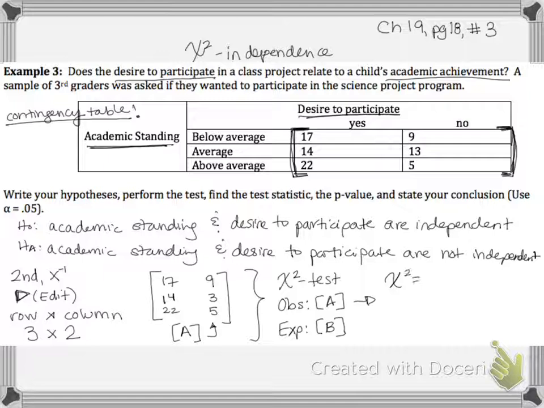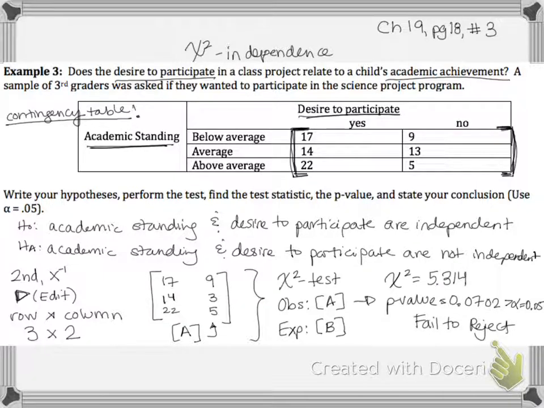We end up right away getting chi-squared, right? Chi-squared is 5.314, and our p-value is 0.0702. I did give an alpha. That is larger than alpha, which is 0.05, so we would fail to reject the null.